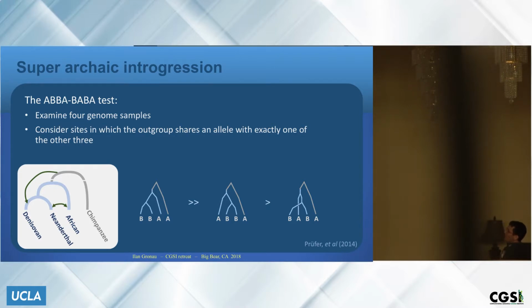That would cause the same topology where Neanderthals and Africans are more closely related than the Denisovan, which would be an outgroup to them. So the 40 pages are spent trying to look at these two hypotheses and see which of them seems more plausible. And their conclusion was that this one was more plausible. This is less supported by the data.